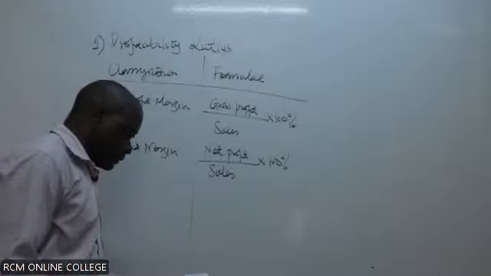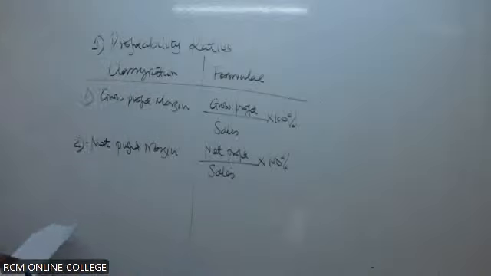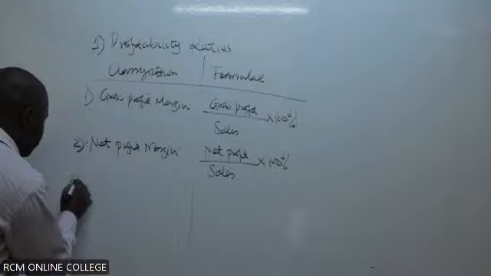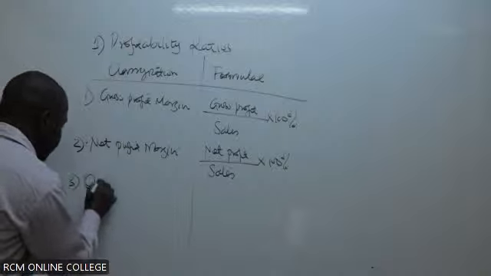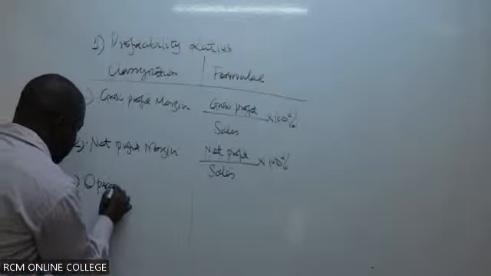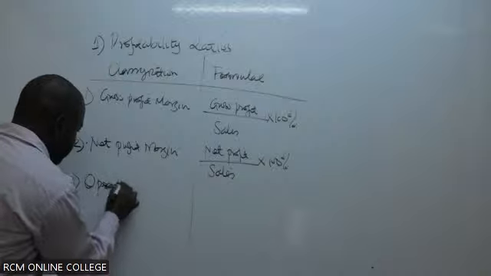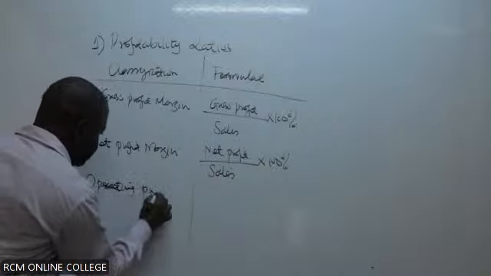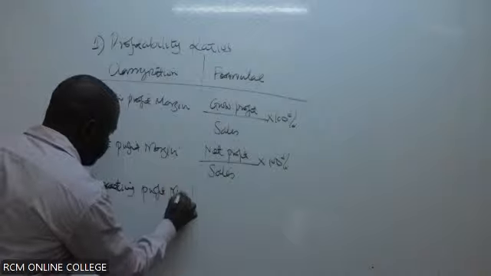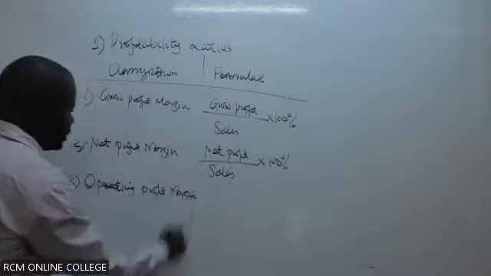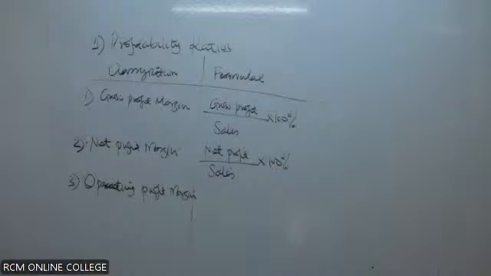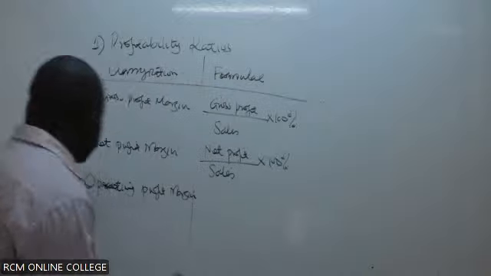Then you have operating profit margin. So we have the operating profit margin ratio. This one is operating, hope you're able to see it.